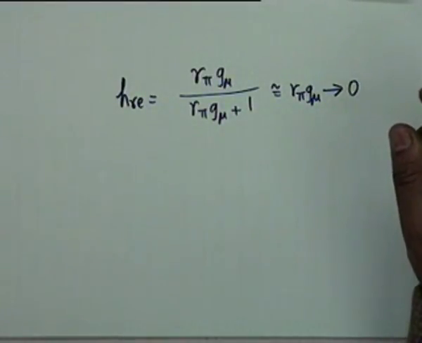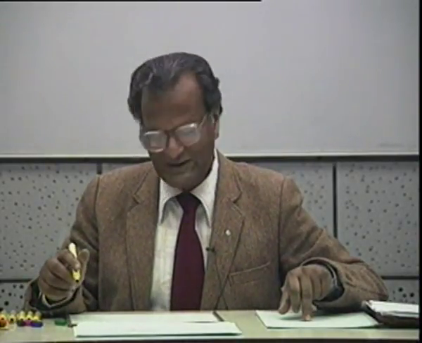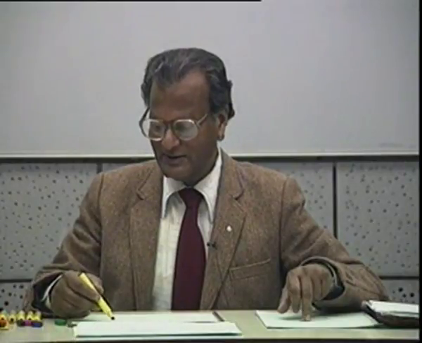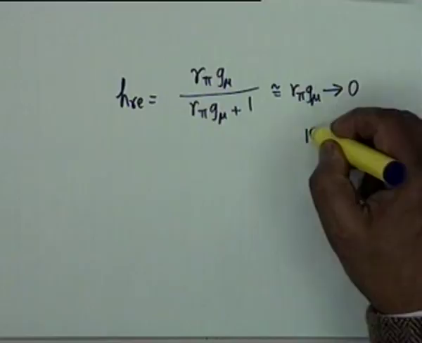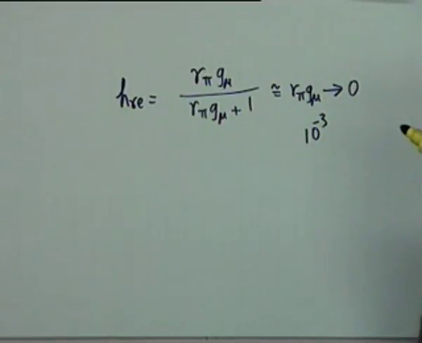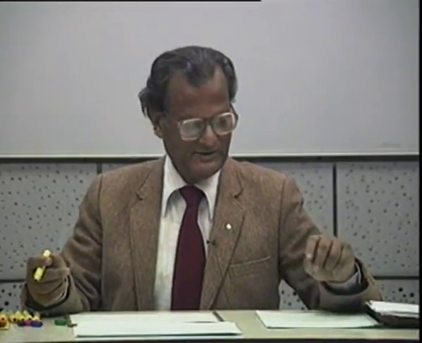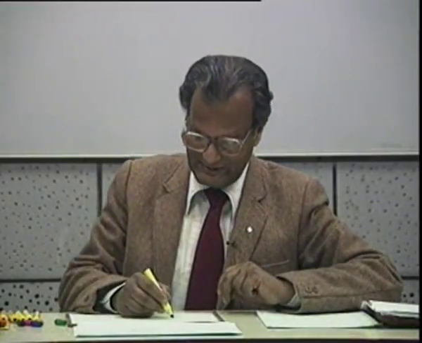Typical value of HRE, what is the dimension? It is dimensionless. It's a product of conductance and resistance. The typical value is 10 to the minus 3 and is almost safely neglected by all electrical engineers except those who are very fussy.